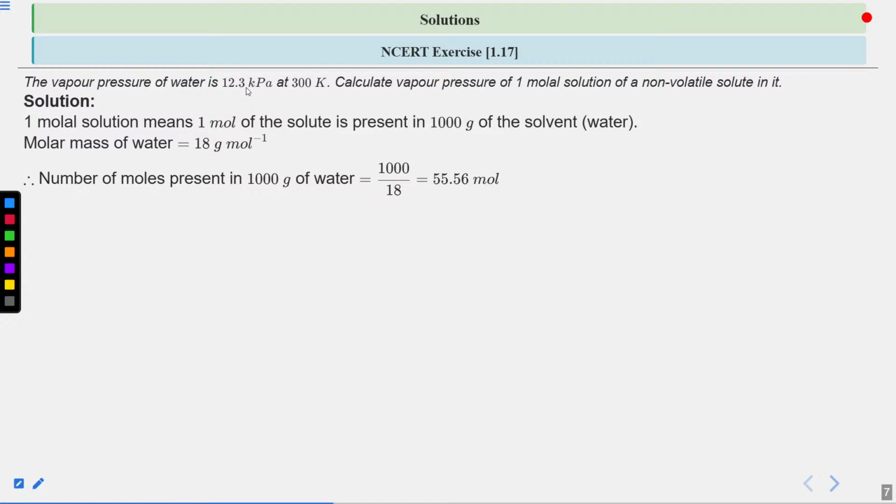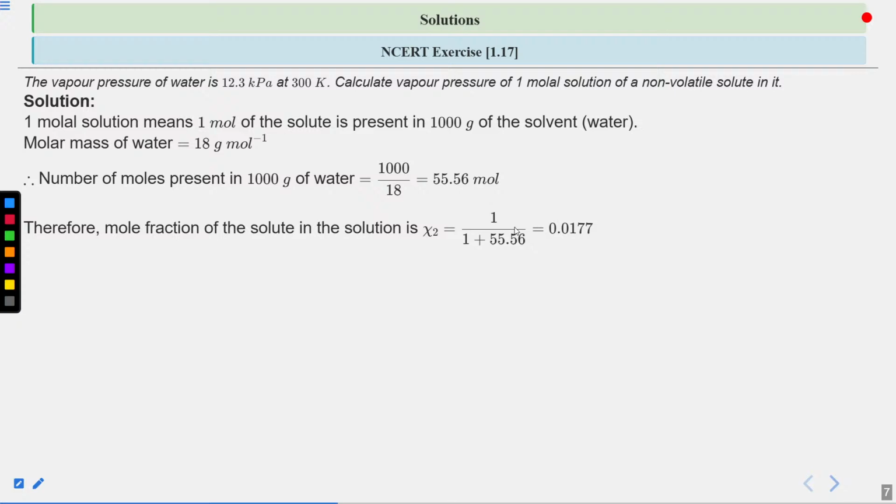Got it? Is it clear? Because we have neglected the solute there in the derivation part. So if you calculate the number of moles in 1000 gram of water, it will be 1000 divided by 18, that is 55.56 mole.